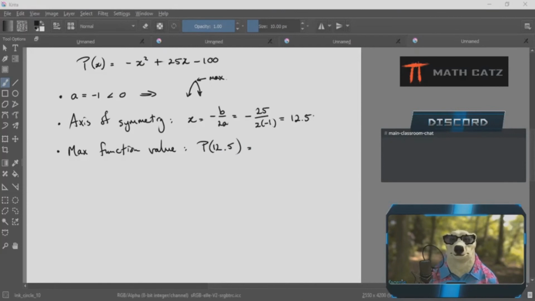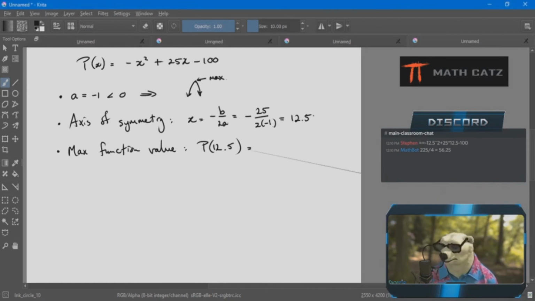Make sure you can calculate these things as well, right? Or try some MathBot action, get your own calculator, do whatever you want to do, but you have to be able to do it. So we'll do a negative 12.5 squared plus 25 times 12.5 minus 100. MathBot says, and I hope it's correct, 56.25.